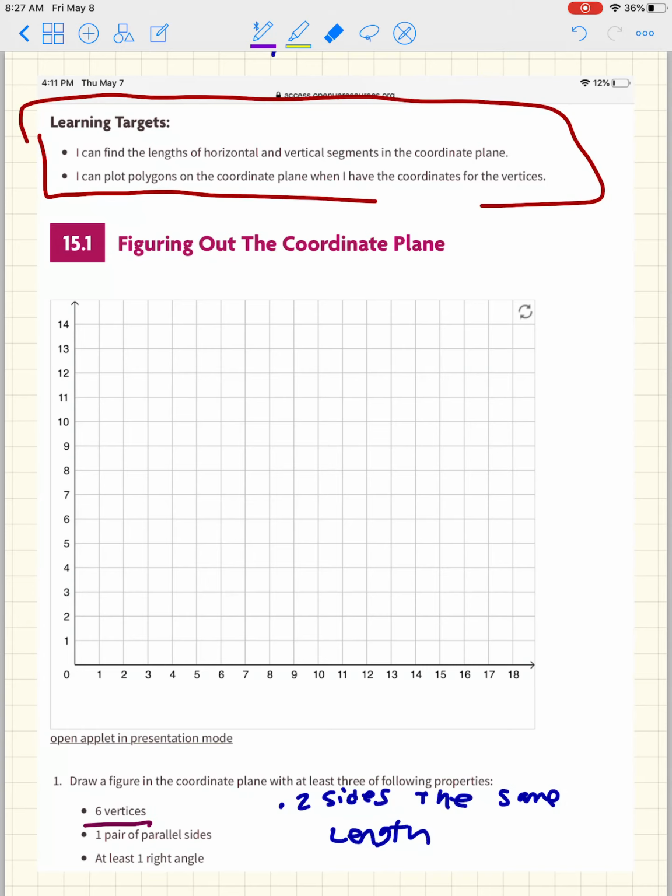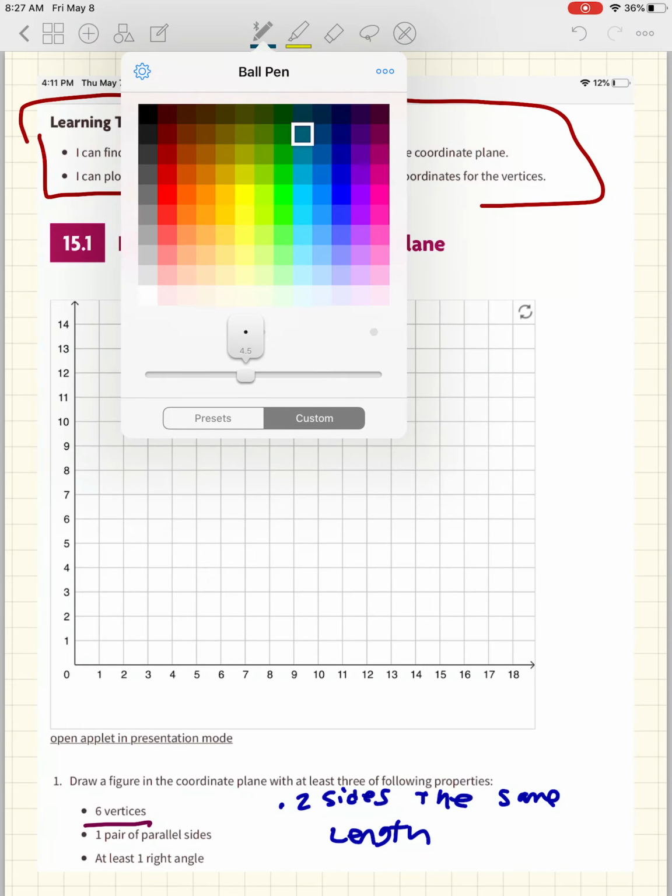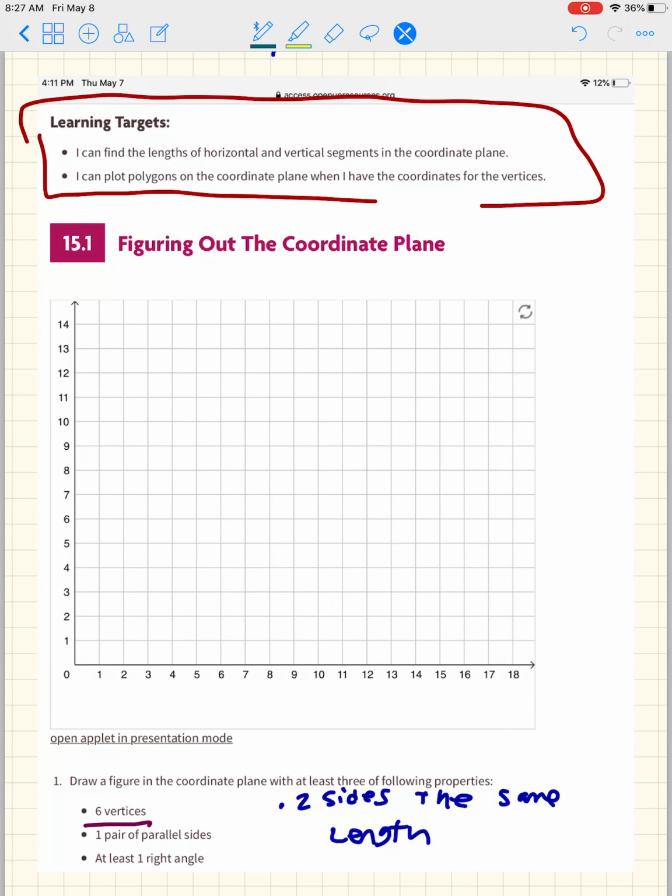Okay. Lastly, 2 sides that are the same length. So how you know if they're the same length is that they're the same amount of squares long. So it could be 3 squares long that way and 3 squares long this way. Both of those sides are 3 squares long, and so they're the same length.